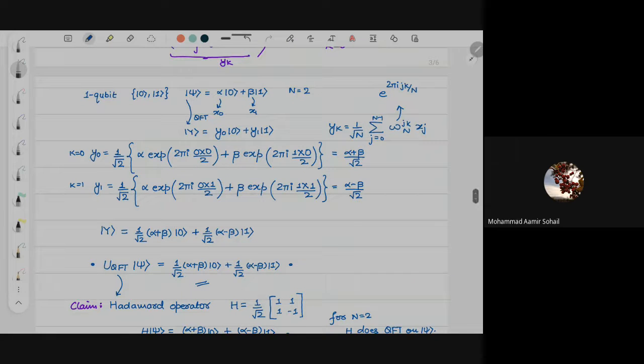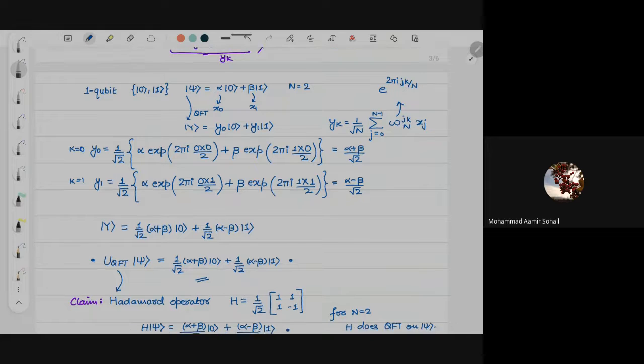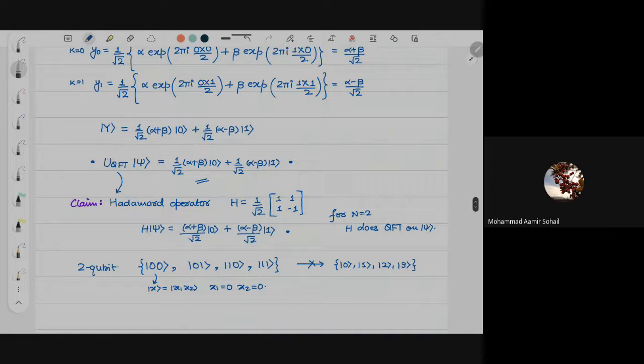When we considered yesterday the one qubit quantum Fourier transform, we saw that the unitary matrix for this one qubit Fourier transform is nothing but the Hadamard operator. So from here, the use of the Hadamard basically comes.